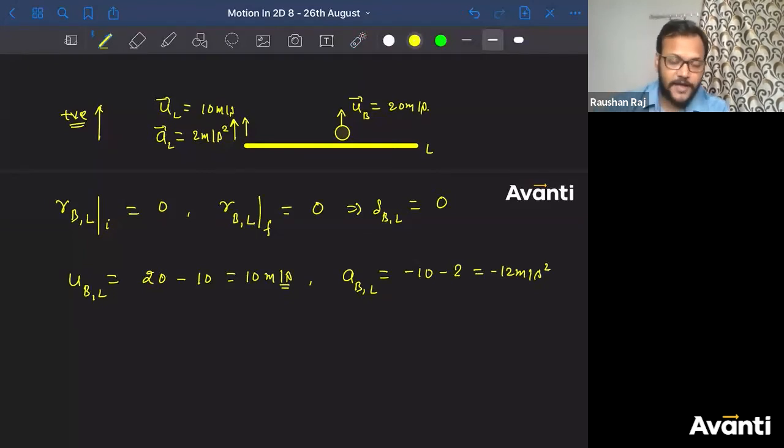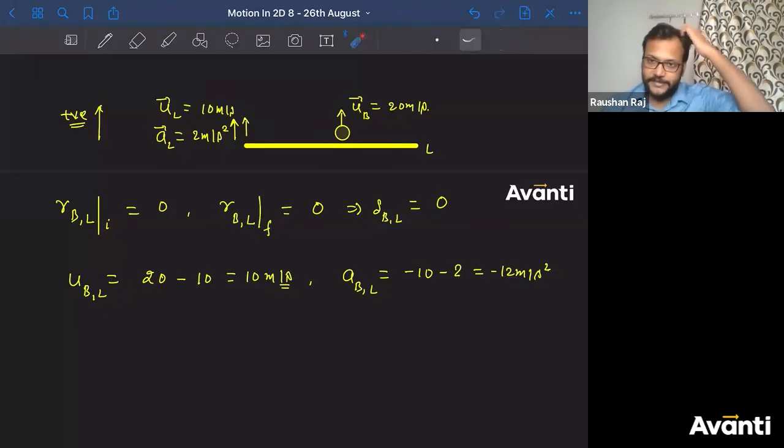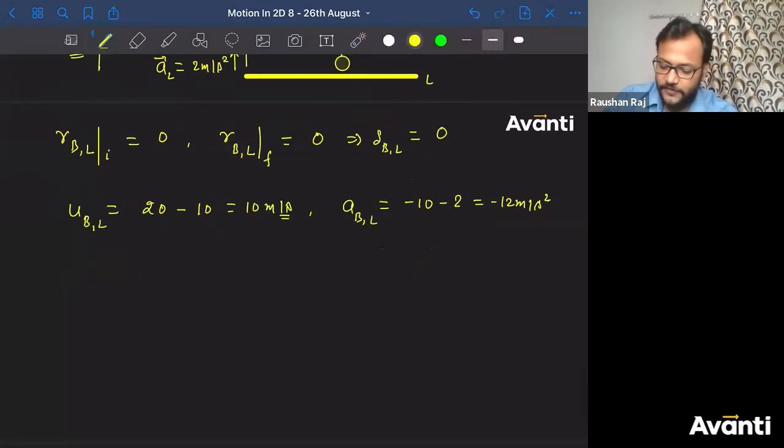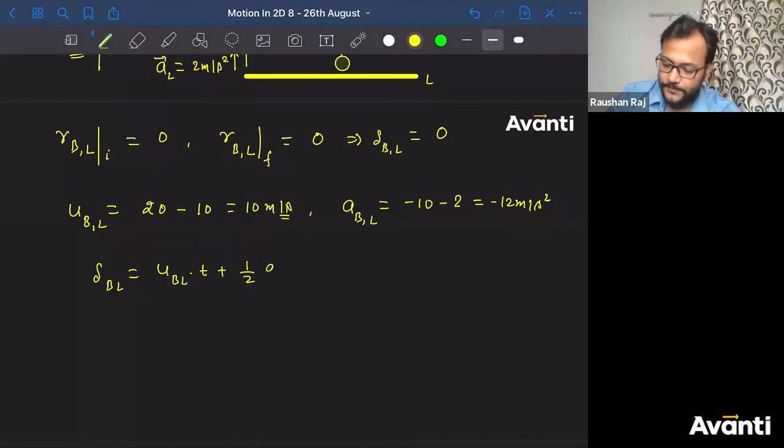Now I need to find the time taken when the ball will again finally meet the lift. So during that, displacement is this, initial velocity is this, acceleration is this. Can I use the formula SBL is equal to UBL into T plus half into ABL into T square? Okay? Chaliye. This is 0.